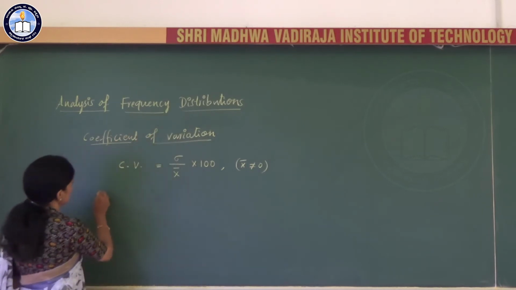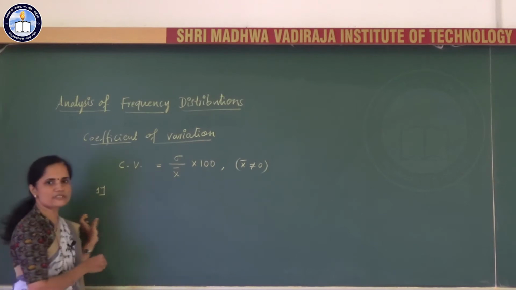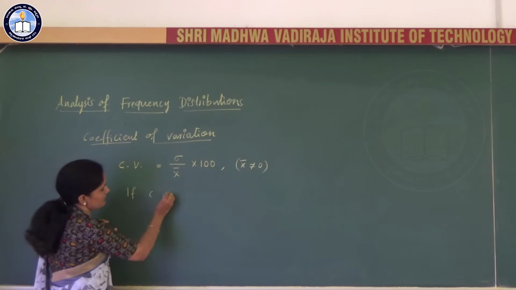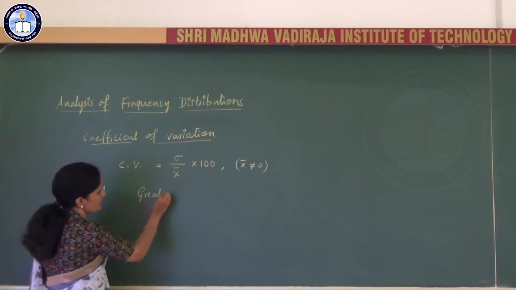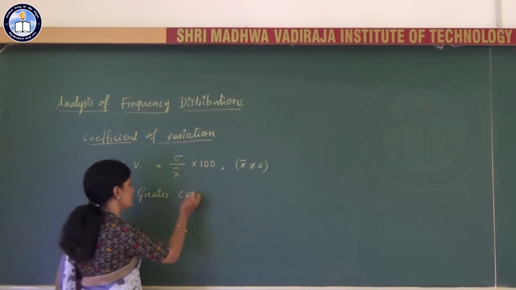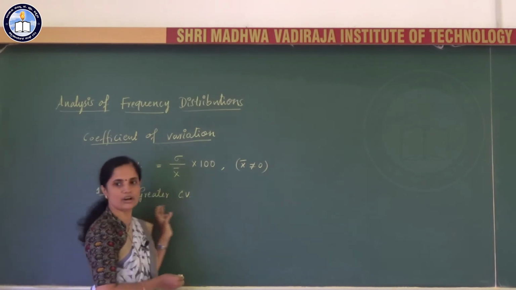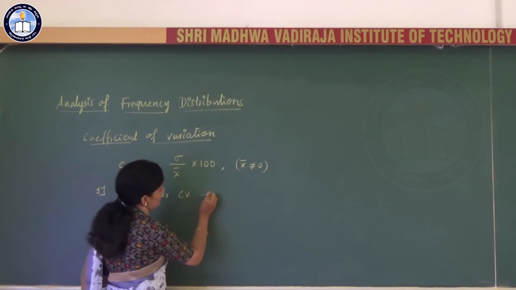There are two rules to analyze the given series. The series having greater CV, that is, if the coefficient of variation is high or greater, then the variability is more.